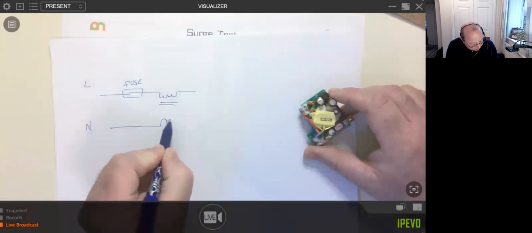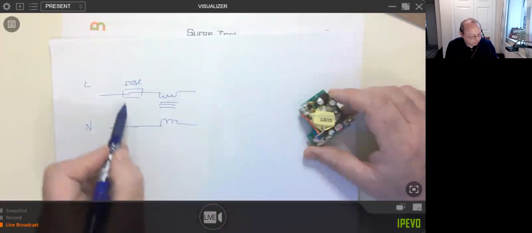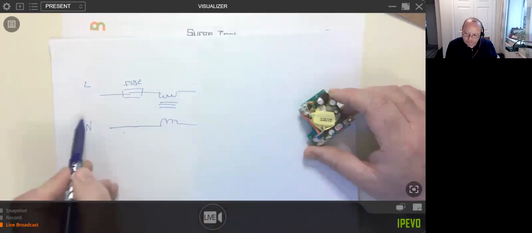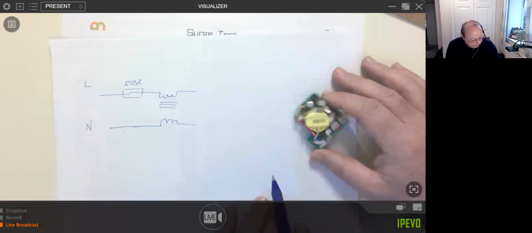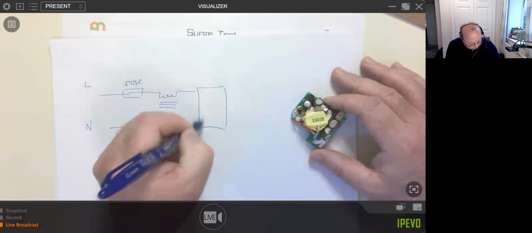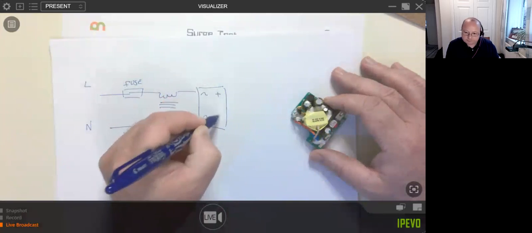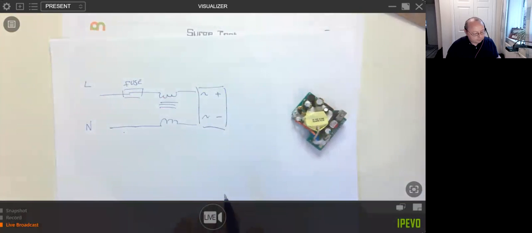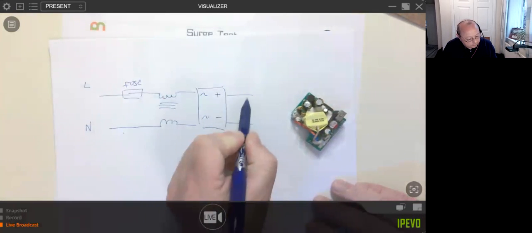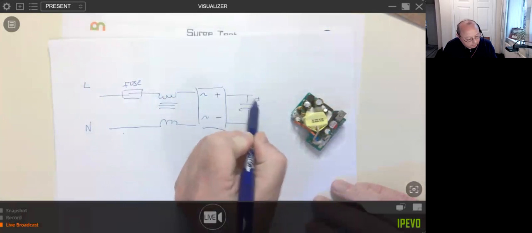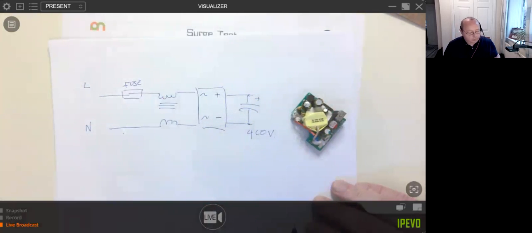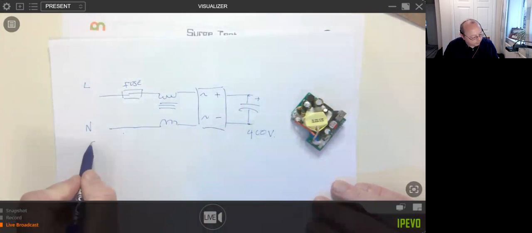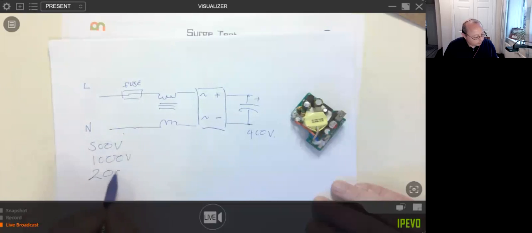That's there for EMC purposes, just to try and stop a lot of nasty radio waves getting out onto the mains. Conducted emissions is something of its significance. Then they had a bridge rectifier, like so. And then after that, they went straight into a capacitor that was rated for 400 volts. So the thing is, 500 volt surge, 1000 volt surge, and a 2000 volt surge. Whoops.